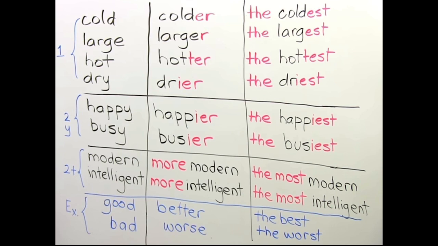Good and bad. So, the party was good. Last week's party was better. And this is the best party I've ever been to. So, here we have good, better, and the best.